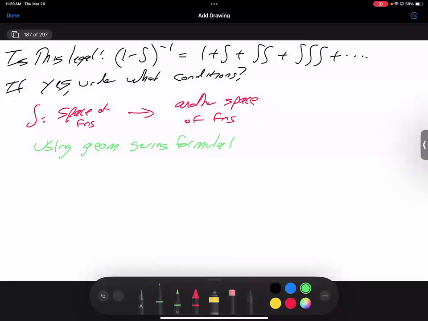Wait, I thought this is the inverse. Well, 1 minus integral inverse is 1 over 1 minus integral, which is 1 plus integral plus integral integral plus integral integral integral plus dot dot dot. Right? I mean that's what we're using for the inverse.